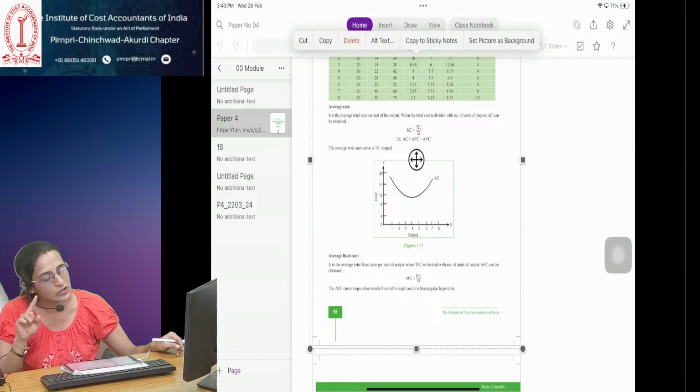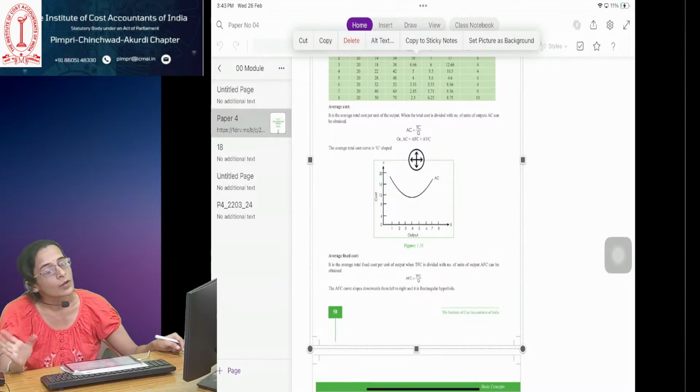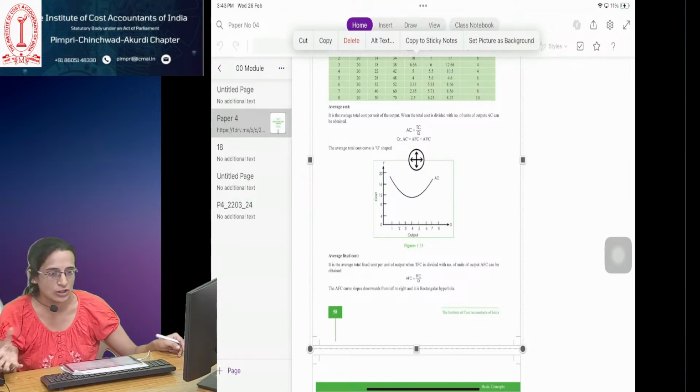If we produce 0 output, what will be the fixed cost? It is fixed, so how much will it be if it is 1 lakh? 1 lakh. Even if the output is 0, even if we don't produce anything, we have to bear that fixed cost as an organization. But on the other side, what we saw? Variable costs. Variable costs vary with the change in the output.